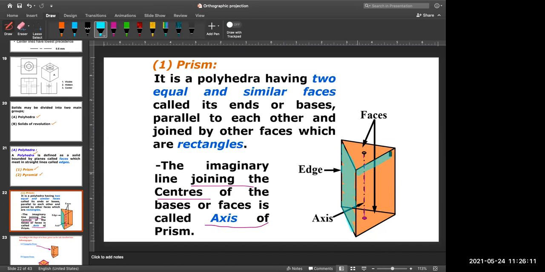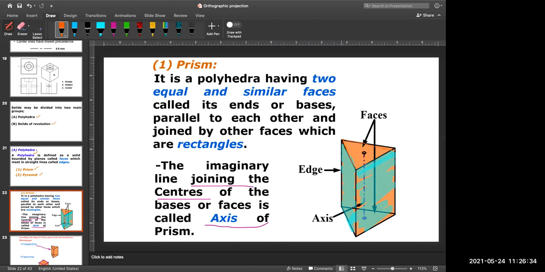This is a triangular prism because you can see at the top and at the bottom you have one triangle. And on the vertical side you have rectangles. So rectangular faces are coming and they are joining these parallel surfaces at the top and bottom.